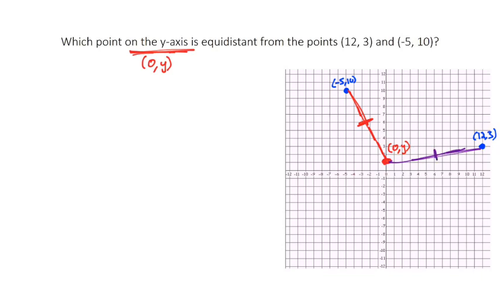So let's represent those distances with the distance formula. The first thing I'm going to do for the red one is I want the distance from (-5, 10) to (0, y). And we're going to use the distance formula. Okay?